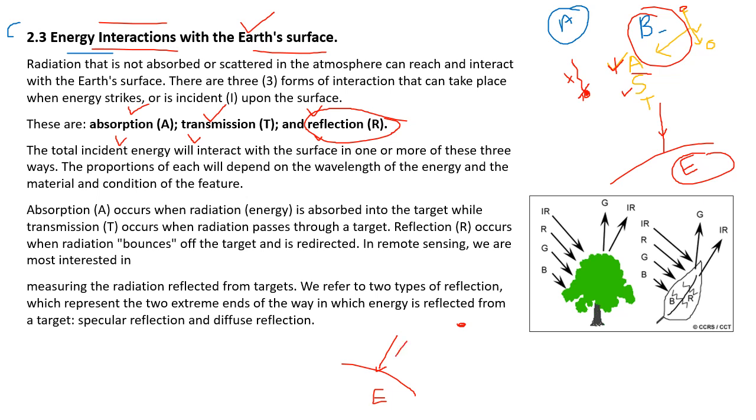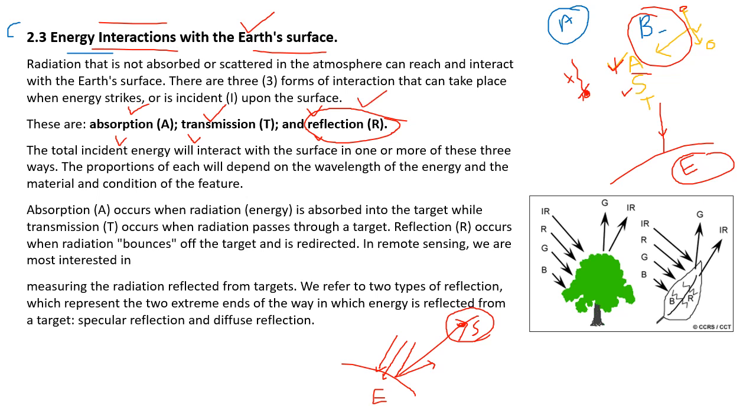Similarly, the transmitted energy is also lost. But the energy which interacted with the surface of the earth and was thereafter reflected back is detected by the satellite sensor. So reflected energy is important.